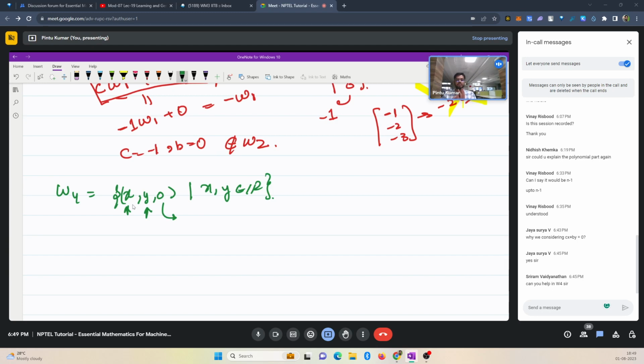So the property W4 must satisfy is that its last element is always 0.